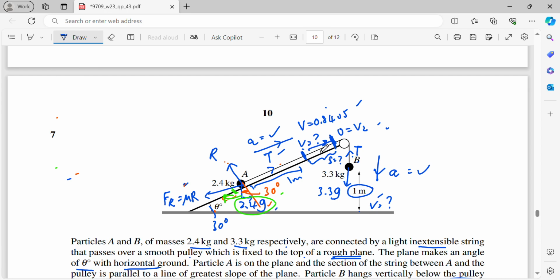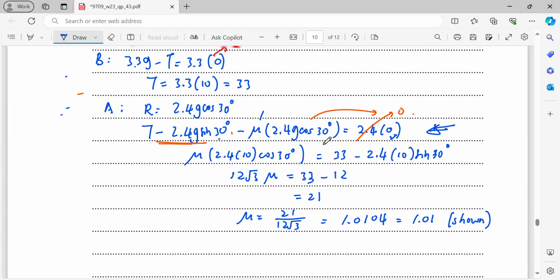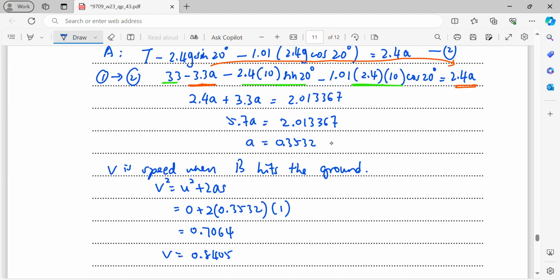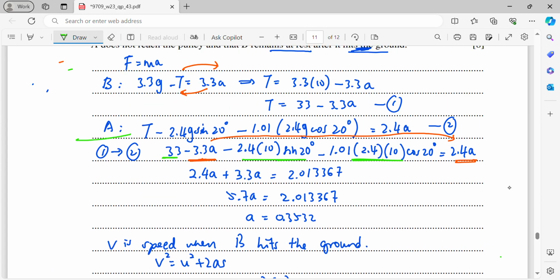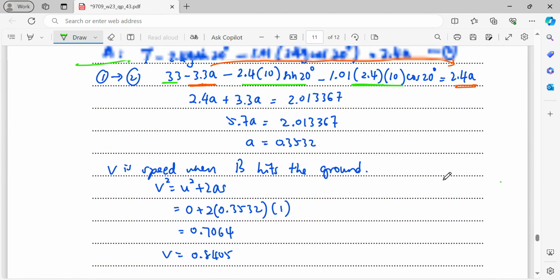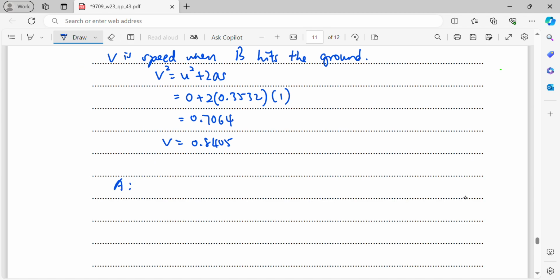So to find my A, you just refer back to the Newton's second law equation, but ignoring the T because at this time there is no more tension. I need to recalculate my A. So I will refer back to this second equation, ignoring the T, and recalculate the A. I will rewrite it: negative 2.4 G sine 20 degrees, so negative 2.4 times 10.